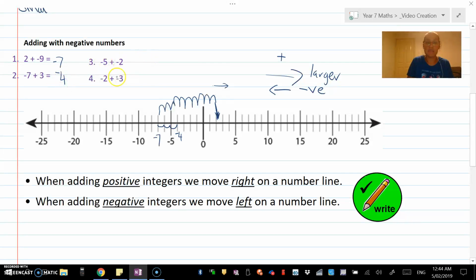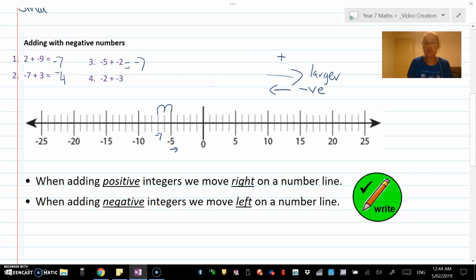And with this one here, we have -5. I say plus, so I look in this direction, but it's a negative, and I'm actually going to go this way. 1, 2. It becomes -7. And that's because of the adding of a negative integer.